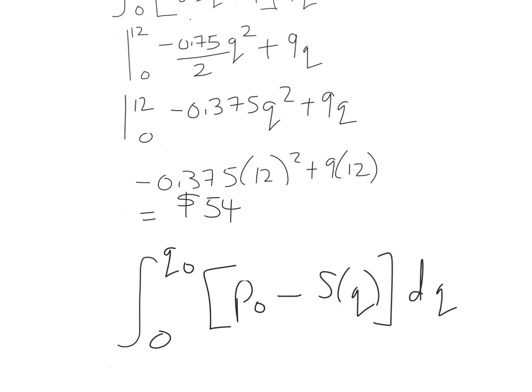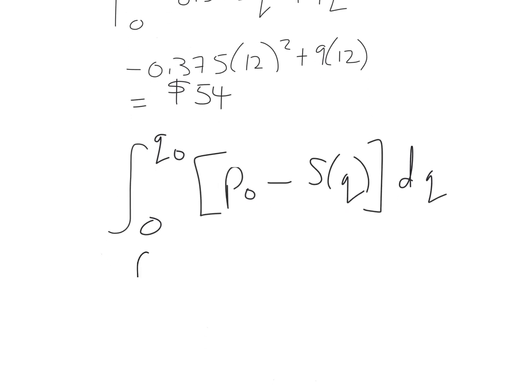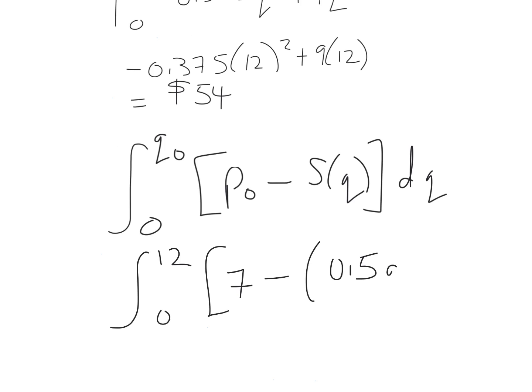Okay, now we can substitute. I have from 12 to 0 of 7 minus the supply function, which is 0.5Q plus 1, wasn't it?